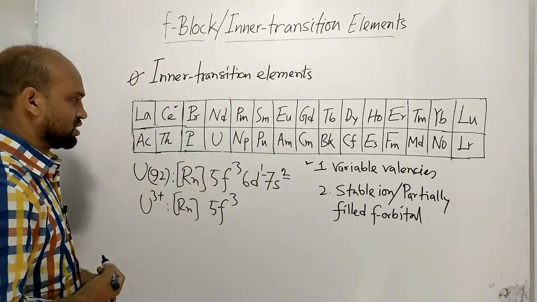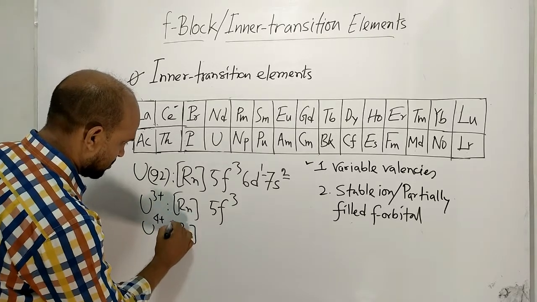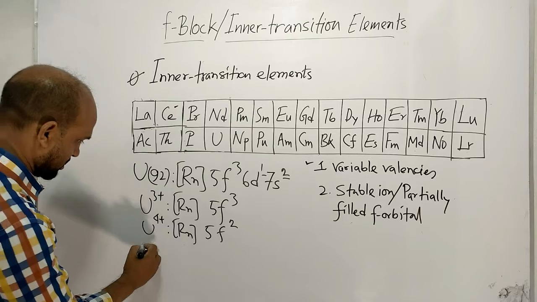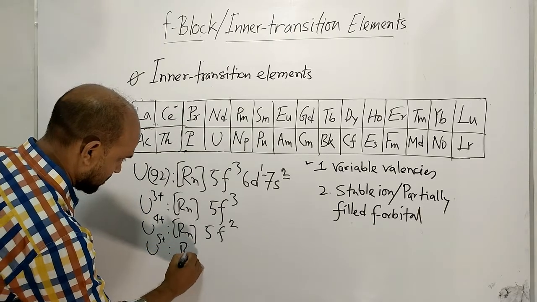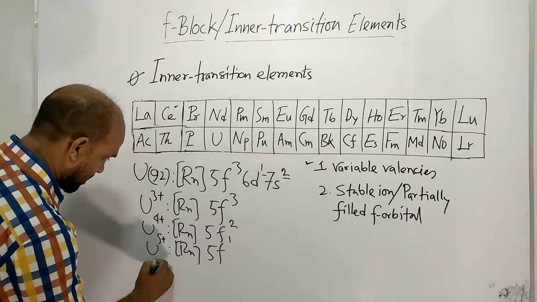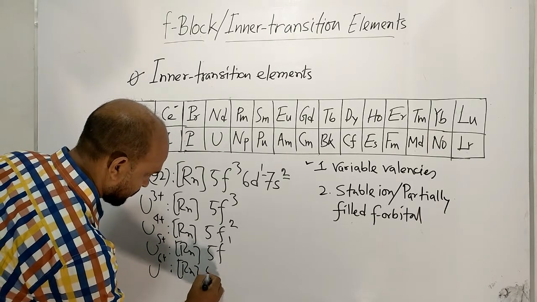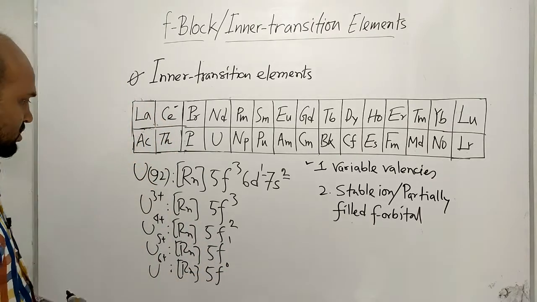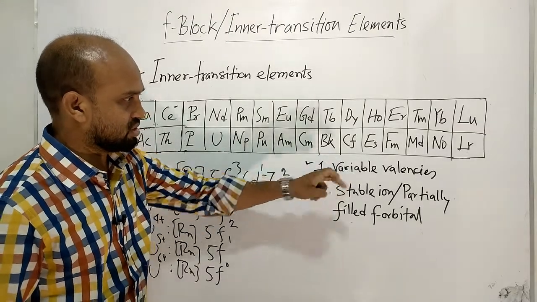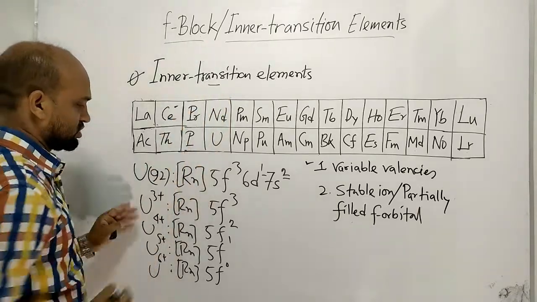These 3 electrons will move away. Then uranium 4 plus, here is radon and 5f2. Another electrons will go away. Uranium 5 plus, here is radon and 5f1. Another ion is uranium 6 plus, here is radon and 5f0. So first of all, uranium is showing variable valencies. From this point, we must say that uranium is a kind of transition element.